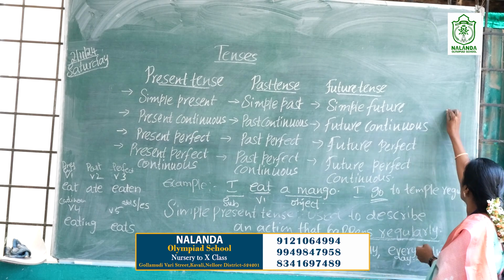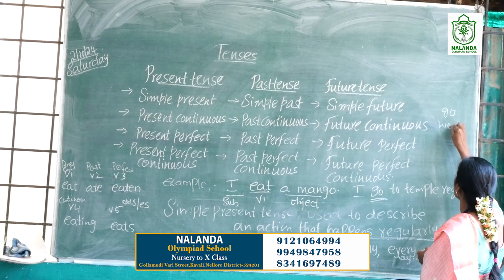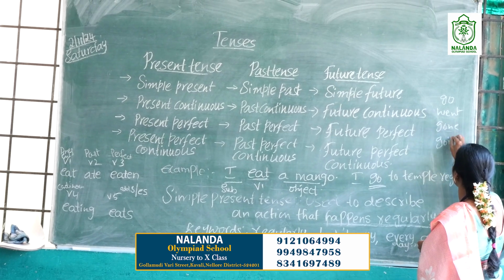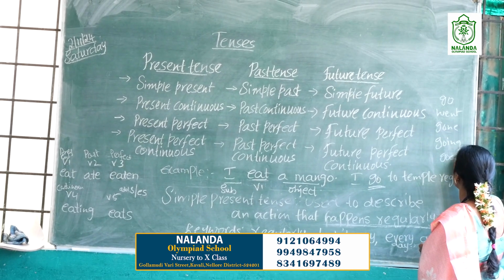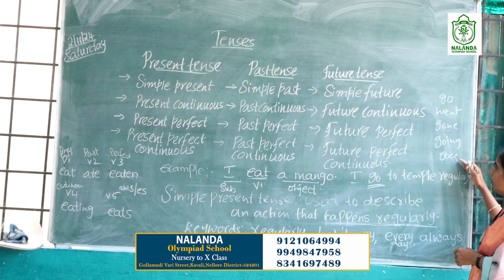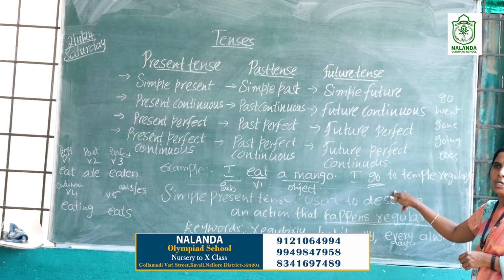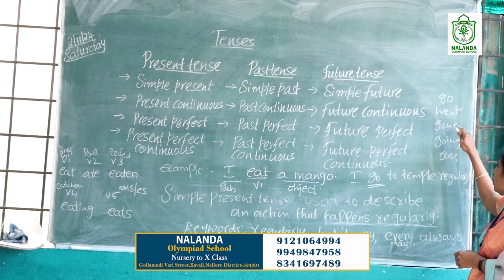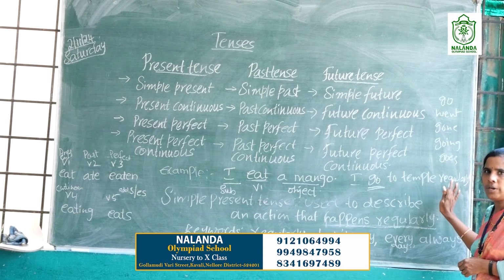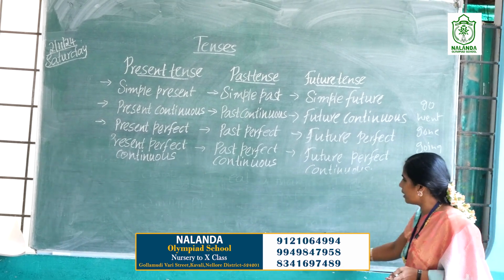Say: go, went, gone, going, goes. Okay, children. So this is the verb forms of go: go, went, gone, going, and goes. Is it clear, children? So far you have understood.